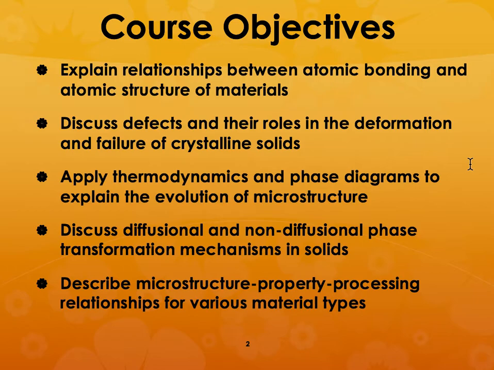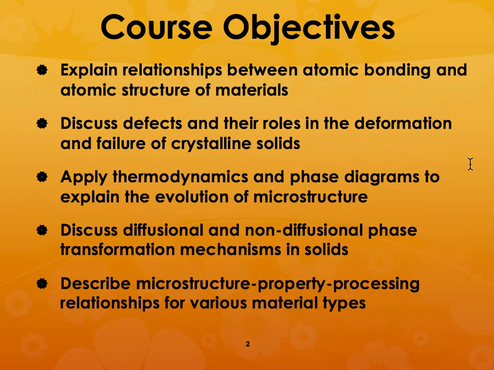Mostly we will be talking about crystalline materials, although very briefly we will also talk about amorphous type of materials, but we will try to limit ourselves to crystalline type of materials where there is order over longer distances in the crystalline structure.